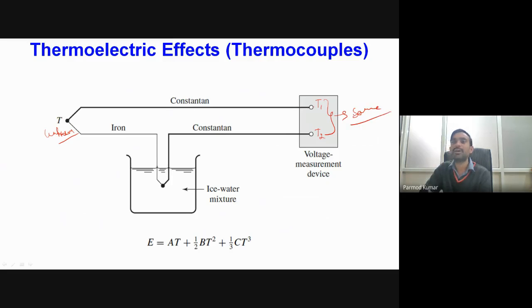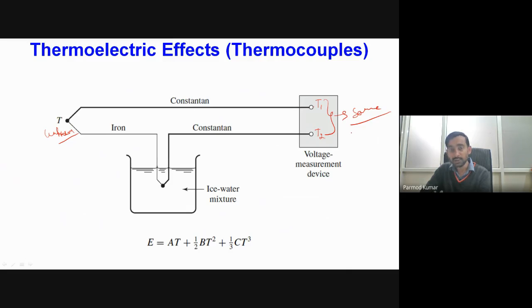If both the measurement terminals have the same temperature, only a single reference junction will be sufficient to relate the value of the unknown temperature with the output we get from the circuit.